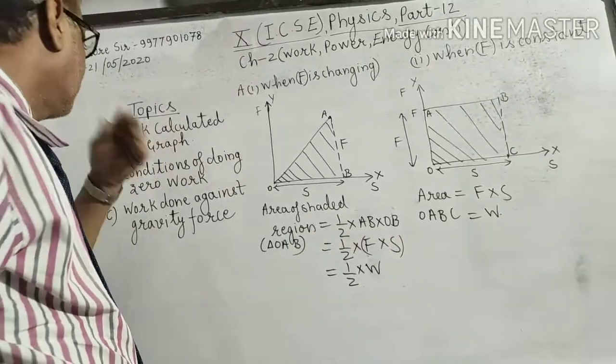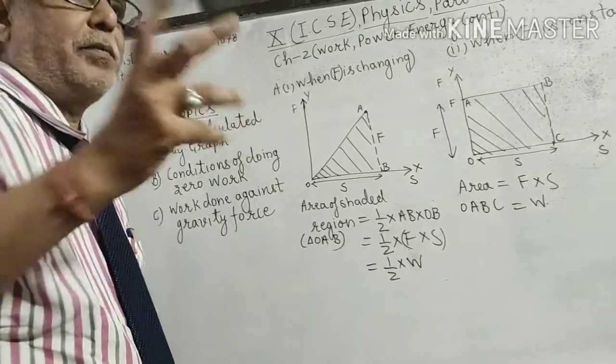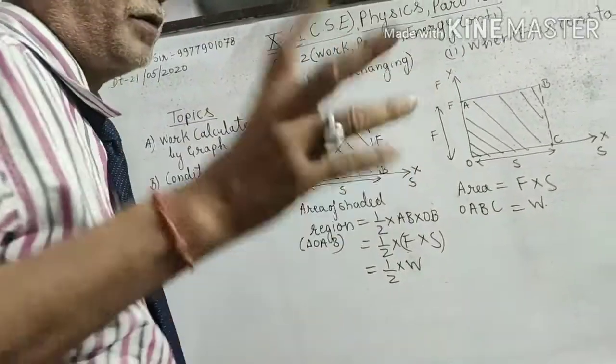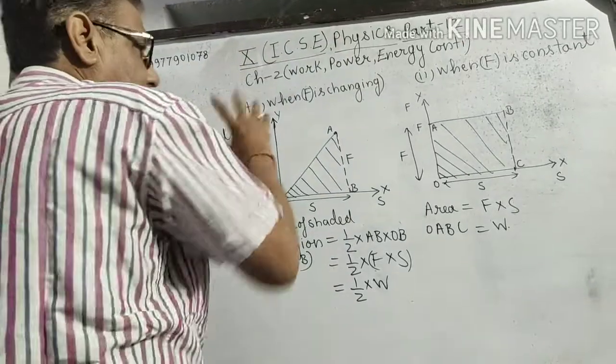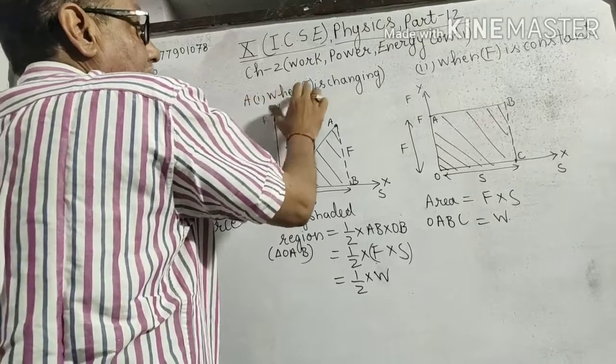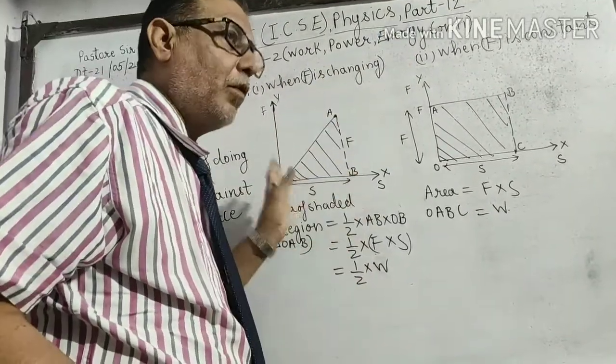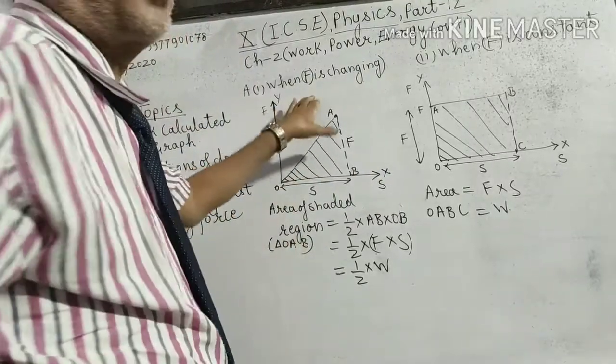So first of all, how are you able to calculate the work by means of a graph? For this, on the graph, you will take two axes and there will be two cases. The first one is when F, the force, is changing with respect to time or displacement, meaning force is variable.